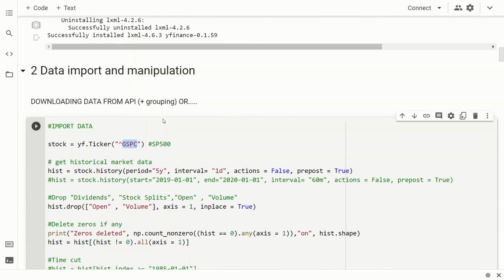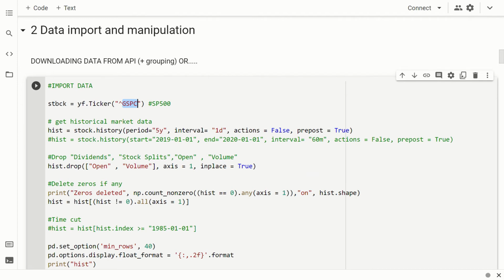Okay, so the second step is to import the data. Okay guys, in order not to get lost, I will highlight the code that is necessary to understand, and then you have the file, you can go through the code yourself, but stick with me for the most important things. So now I'm setting the ticker that is used by Yahoo Finance to download the data. In this case, I'm setting the ticker of the S&P 500 future.